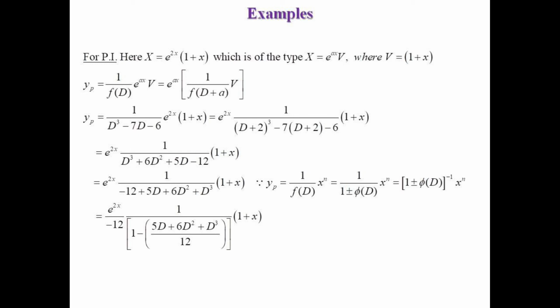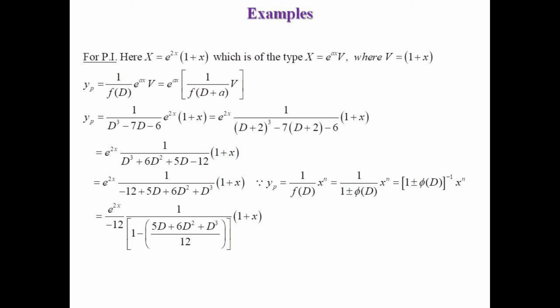So e raised to 2x upon, from the denominator take the term minus 12 common. After taking minus 12 common, in bracket we get 1 minus, after taking the minus term common, 5d plus 6d square plus d cube upon 12.